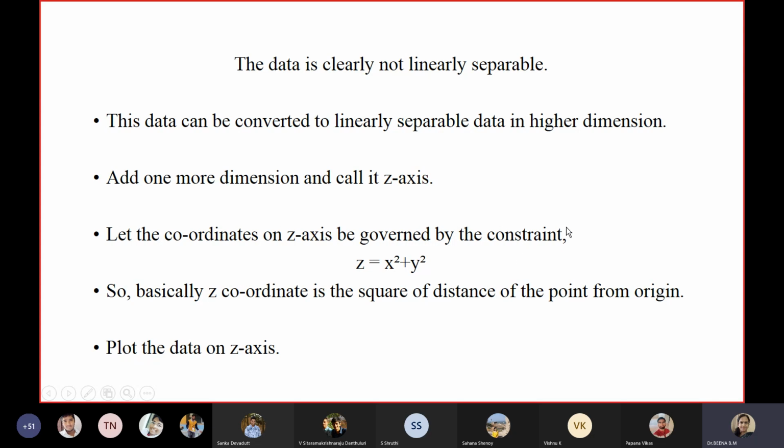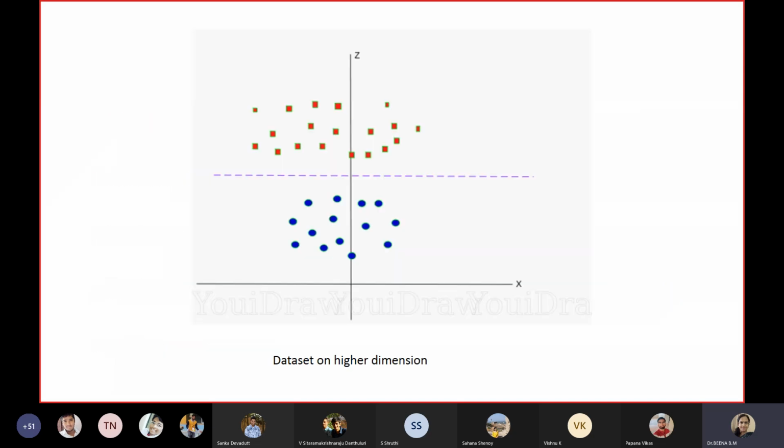It denotes an additional dimension, which is the square of the distance of the point from the origin. X square plus y square is equal to Z. Here the data is converted from non-linear to linearly separable data using this equation, Z is equal to x square plus y square.